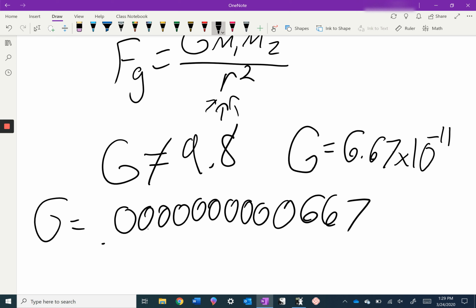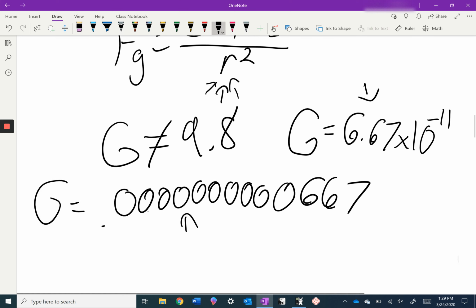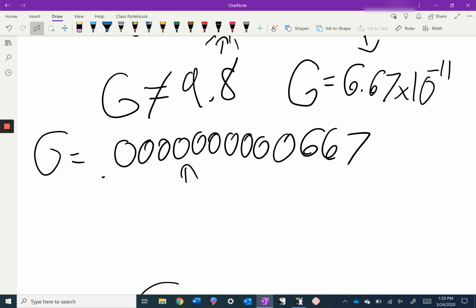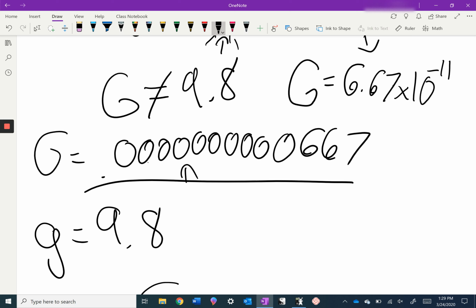So really small number, really wonky one. We're going to use it mostly in scientific notation because I do not want to type all that into the calculator. So remember, big G is this whole mess, whereas little g is 9.8.